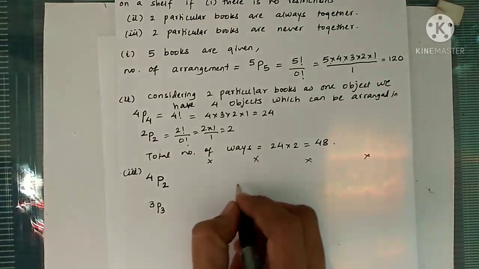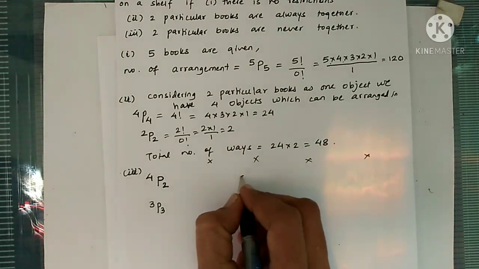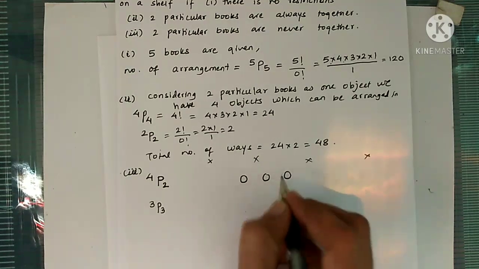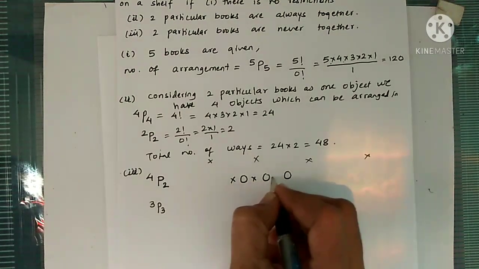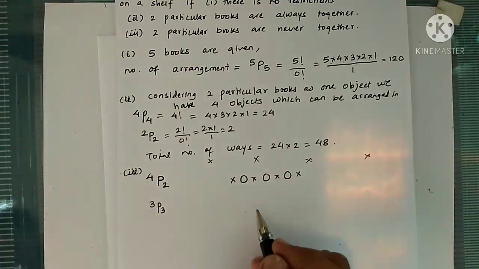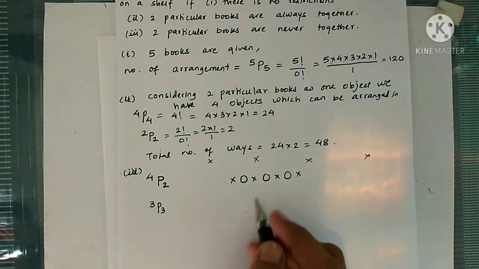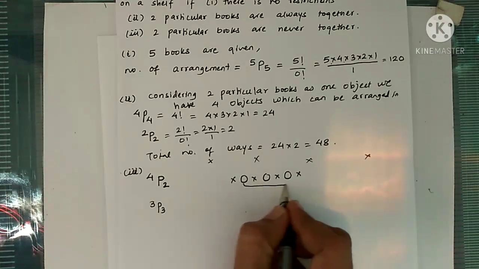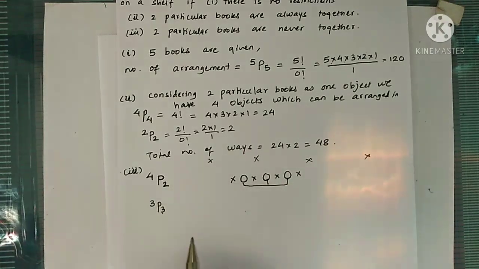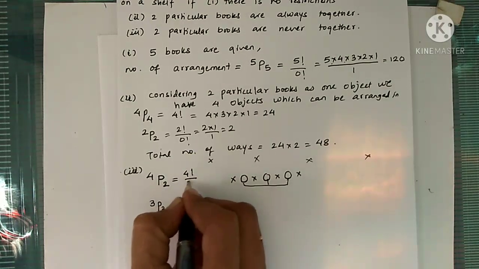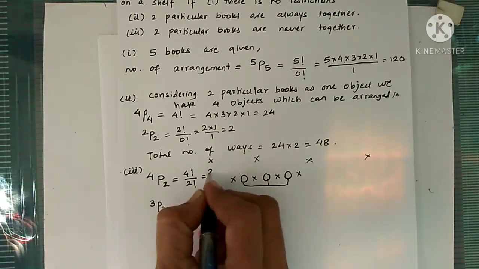If 2 particular objects are to be arranged such that they are never together, then we have to place them in the places marked by a cross. We have 4 places marked by a cross and we want to arrange only 2 objects there, which can be done in 4p2 ways, and these 3 objects can be arranged in 3p3 ways. So 4p2 is 4 factorial upon 2 factorial.